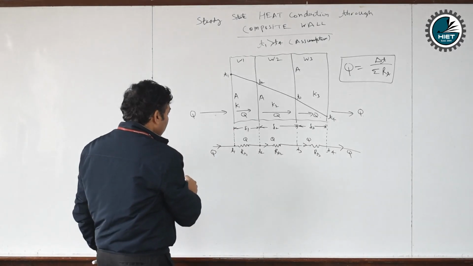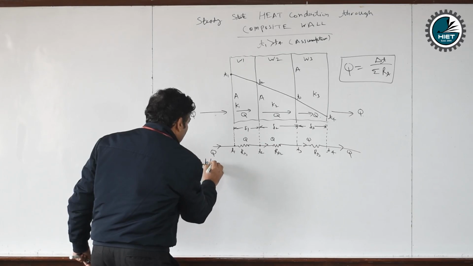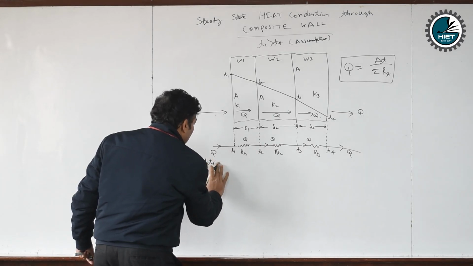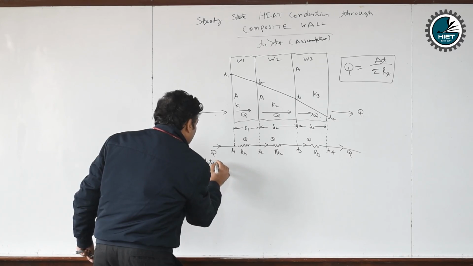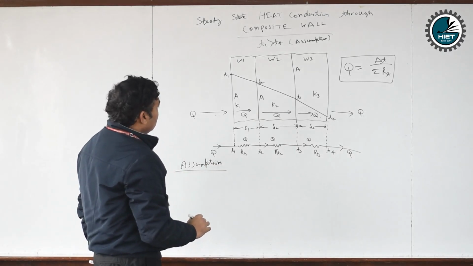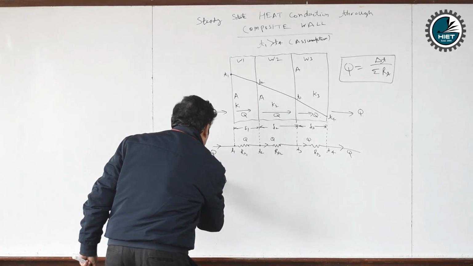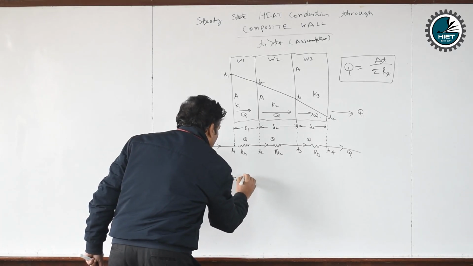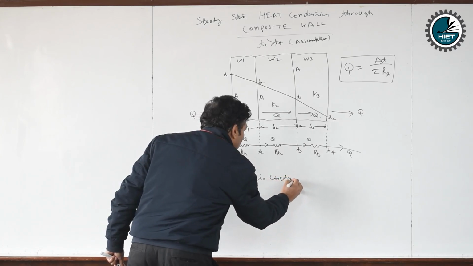Next is the assumptions. No derivation is valid without any assumption. So here are some assumptions. The first assumption is that thermal conductivities K1, K2, K3 are constant, their values do not change.